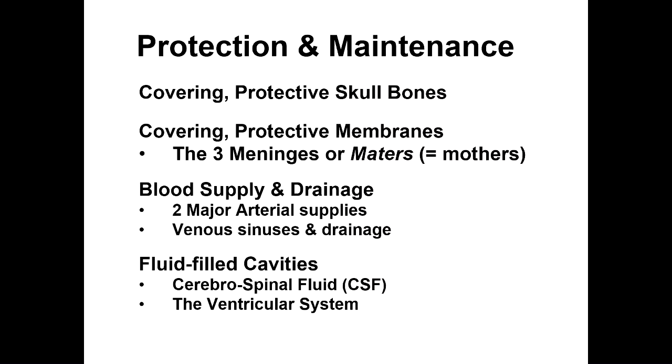So the aims of this lecture are to look at the protective mechanisms for keeping the brain healthy. So we'll look very briefly at the bones of the skull that are particularly responsible for protecting your brain. We'll look at some membranes that are found on the outside of the brain tissue. These are also protective membranes. There are three of them, and they're known as the meninges or maters, the word mater meaning mother.